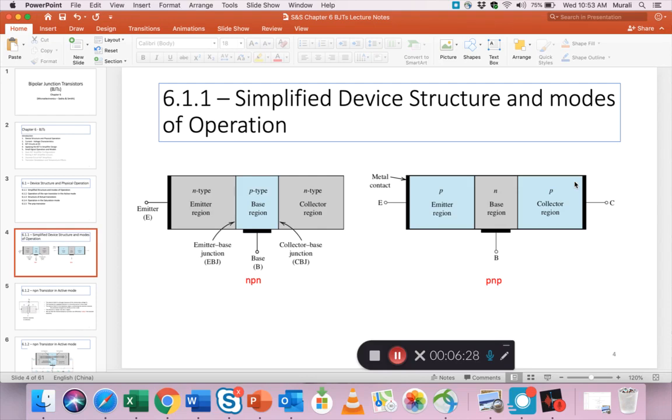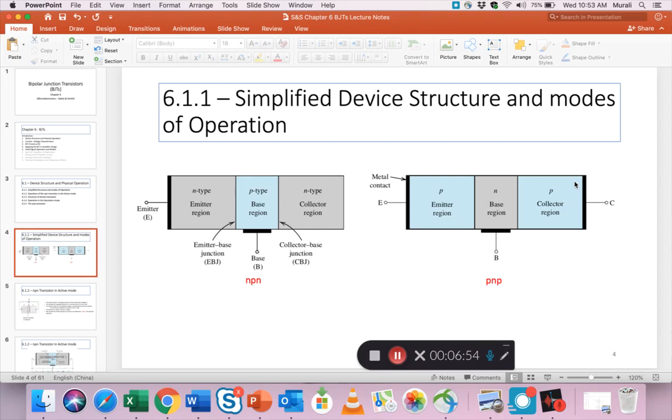These high-level diagrams that I'm looking at on page 4 give you the basic structure of a BJT transistor. There are 3 regions, and this is all built around silicon mostly, or germanium. The most commonly used material is silicon.